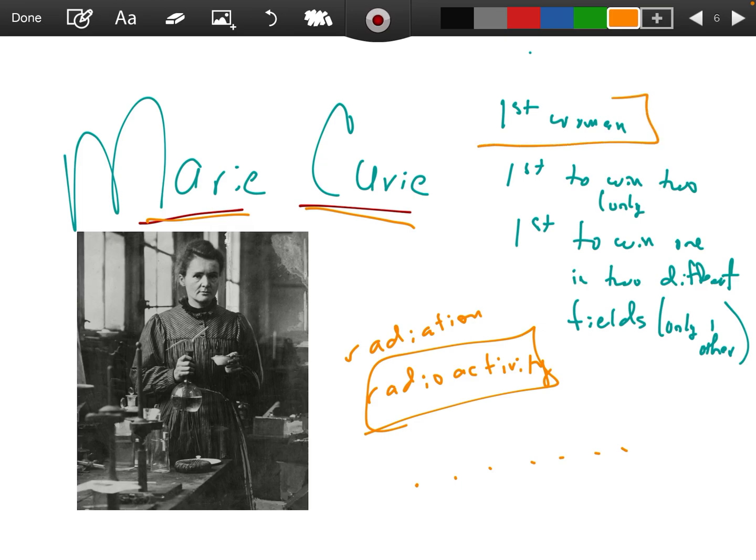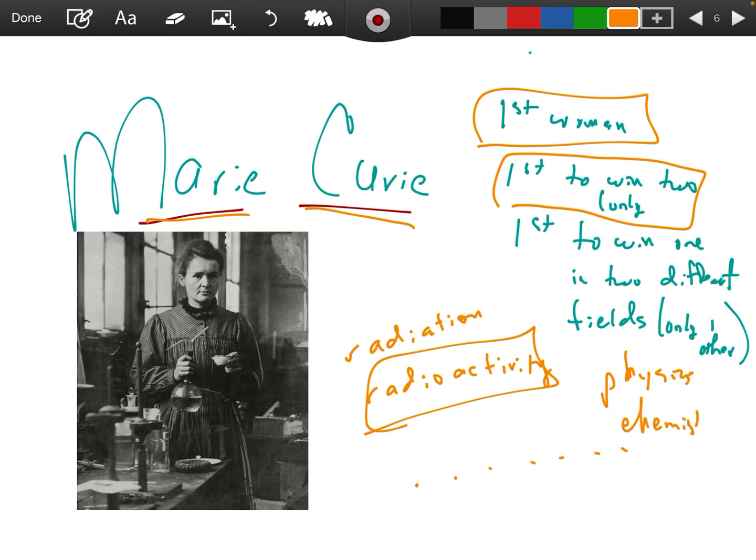She's the first woman to win a Nobel Prize in a scientific field, physics or chemistry or medicine. She's the first person to win 2 Nobel Prizes, and she's the first person to win a Nobel Prize in 2 different fields. She won a Nobel Prize in physics, and she won a Nobel Prize in chemistry. She has a very interesting professional life as a scientist, and a very interesting private life.